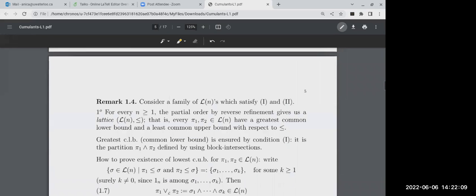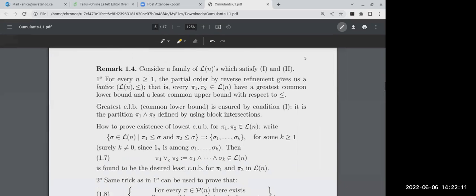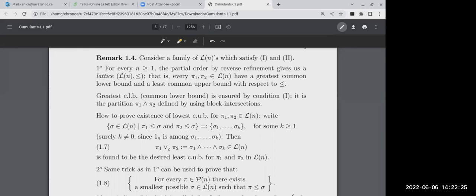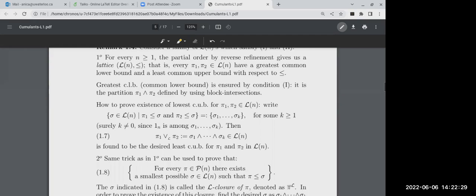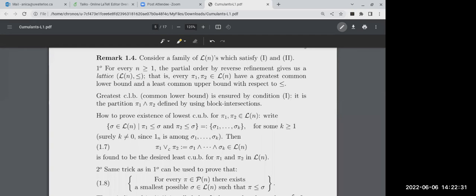Okay, good. Now let's make some observations which follow from my conditions 1 and 2. Namely, every L of n is a lattice. There is a greatest common lower bound. That's obvious because I postulated that.